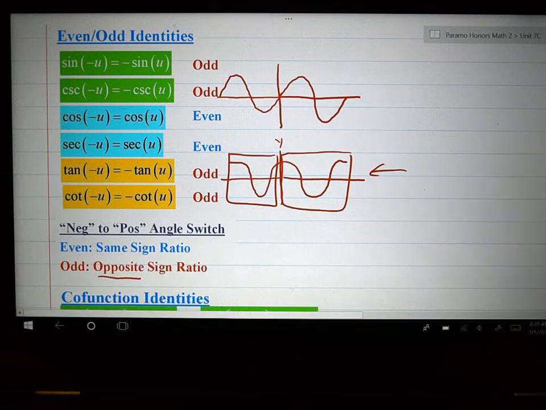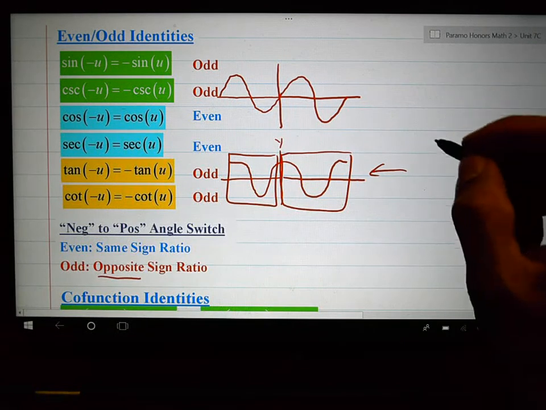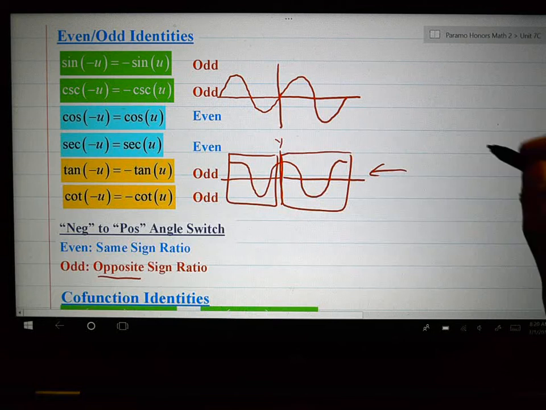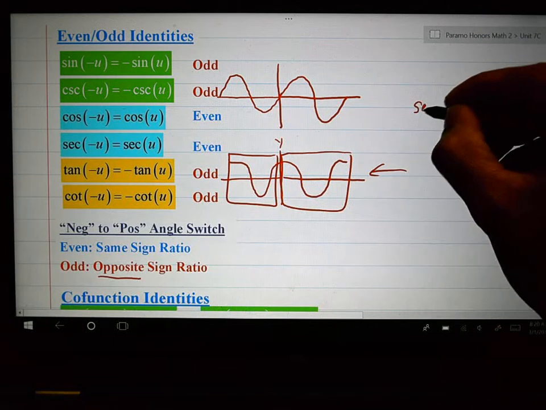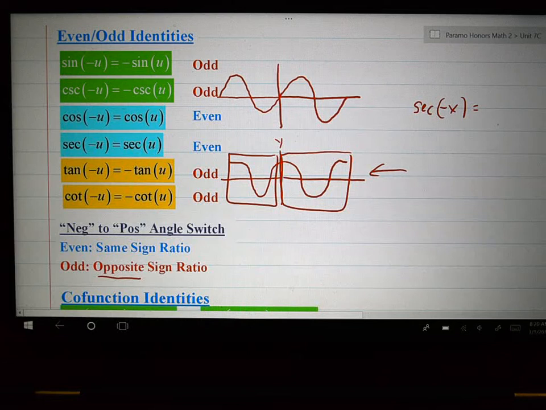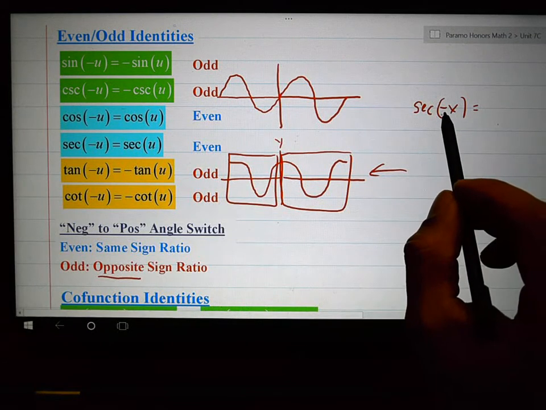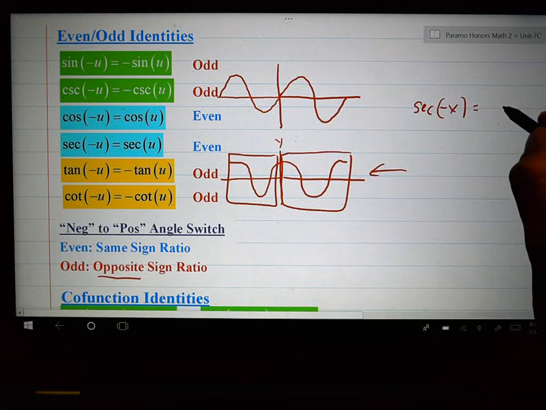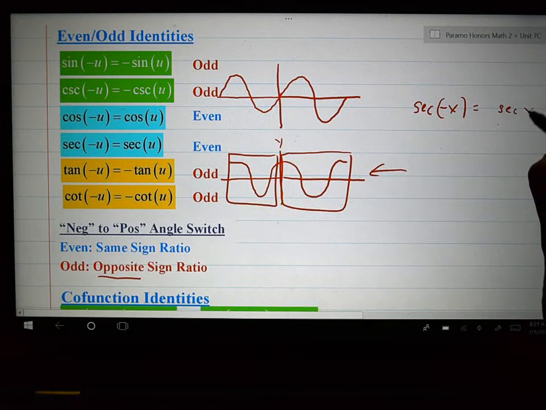Let me give you a small example. If I had a function and it says the secant of negative x, the way you would simplify the secant of negative x is you go, that's a negative angle. I want this in terms of a positive angle.